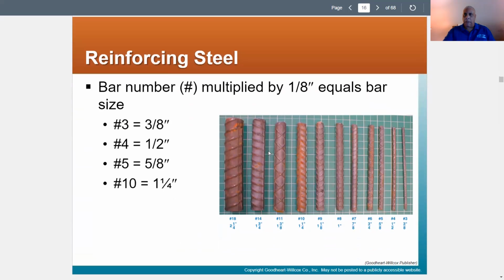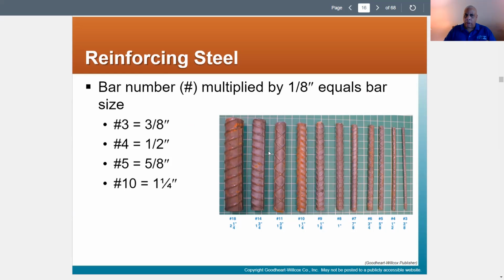Now, again, let's talk about reinforcing steel because I just mentioned something called a number 8 bar. When we talk about reinforcing steel, we deal with what we call a bar number.